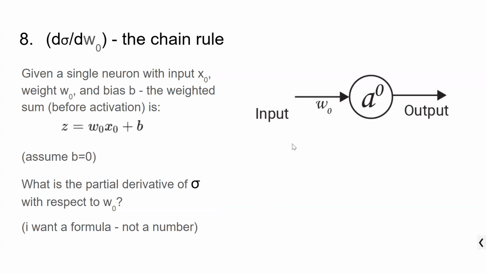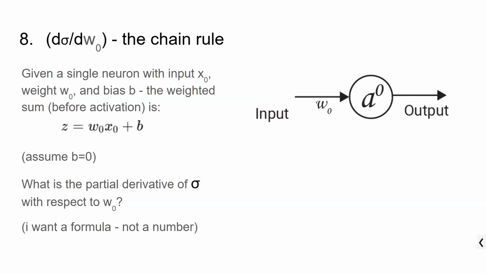So to repeat, I just erased this, but what's the partial derivative of sigma with respect to W0 at this point? Take a moment, talk to your neighbor, take a moment to digest this. I need you to know this.